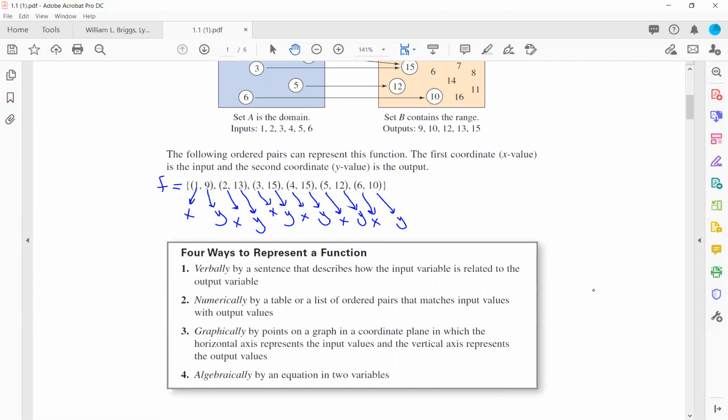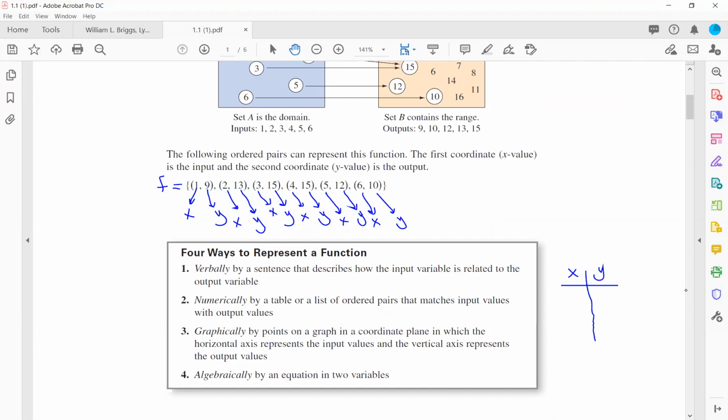The function takes on some input values, and it gives you some output values. Second method, numerically. You can use a table like this. On the left-hand side, you can write input values, x values. On the right-hand side, you can write output values, y values.